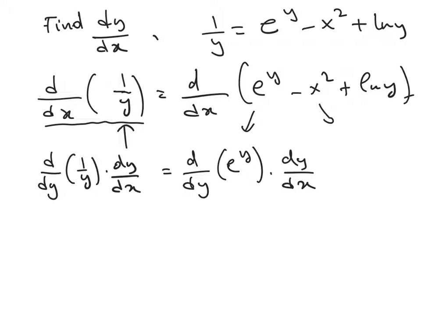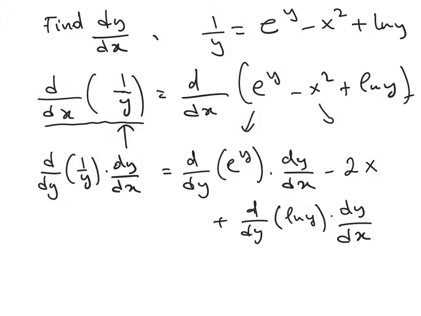Now this is a function of x, so the derivative with respect to x is 2x. And then the last term is also a function of a function, d over dy of ln y, dy over dx. We now continue with the differentiation of the terms with respect to y.